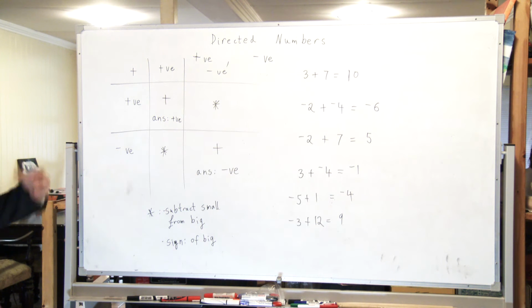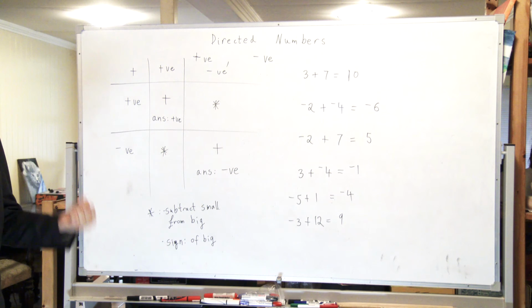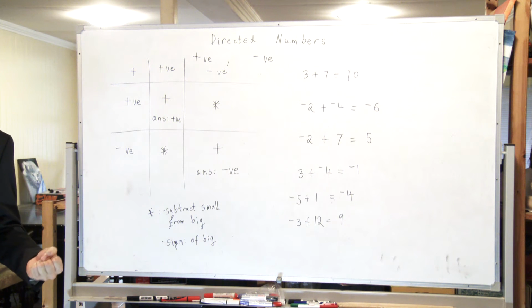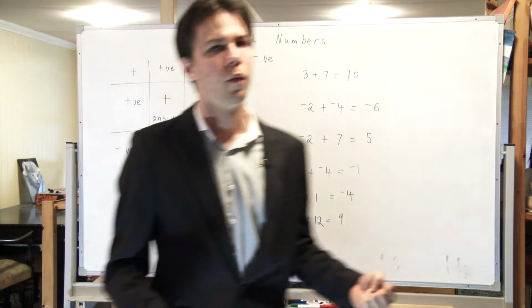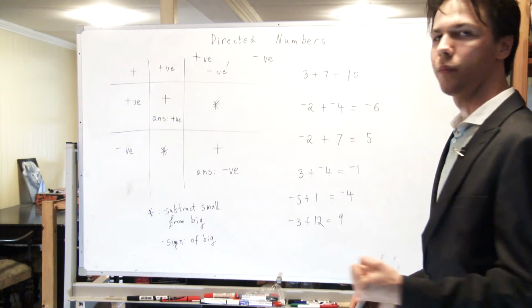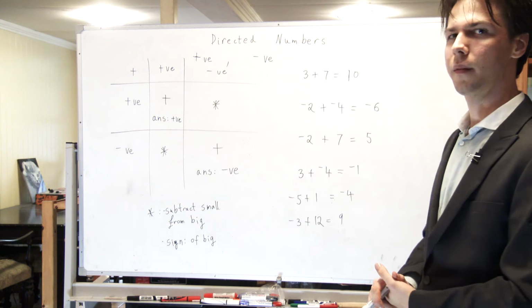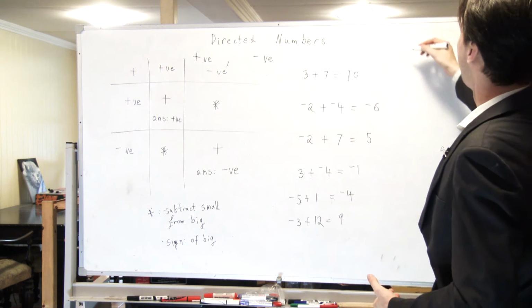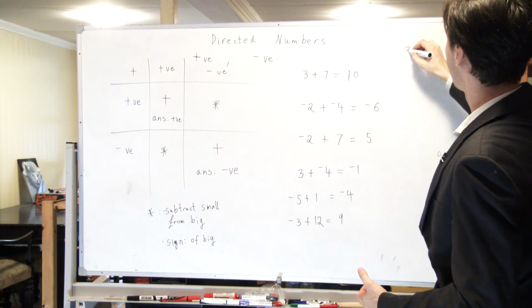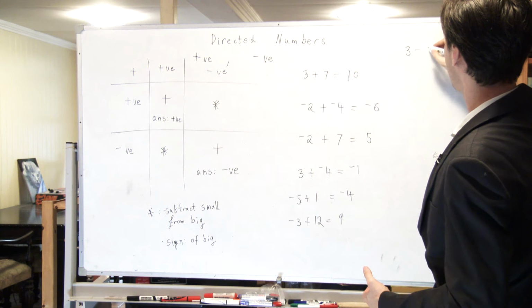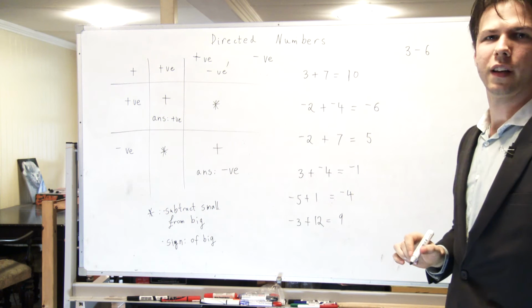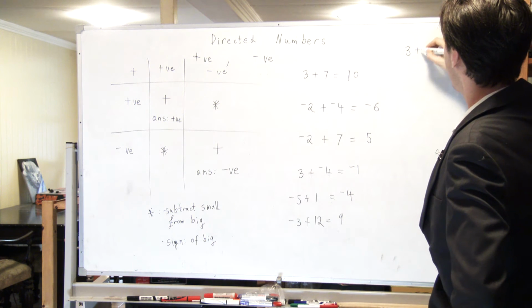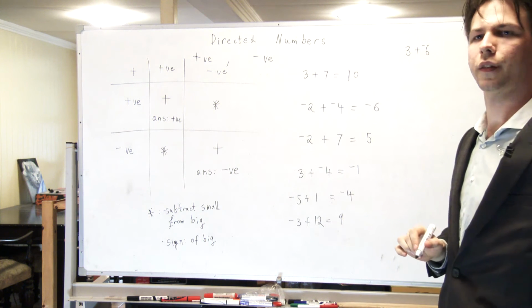Now you're thinking, okay, adding, subtracting, multiplying, dividing. What about subtracting? Well, subtracting can be thought of like adding. If I have 3 take 6, taking away 6 is just like adding on a negative 6.